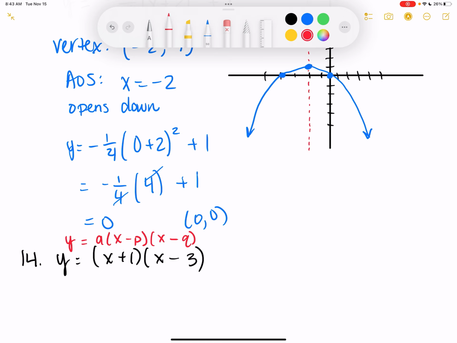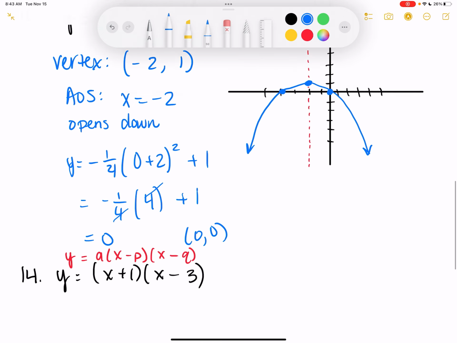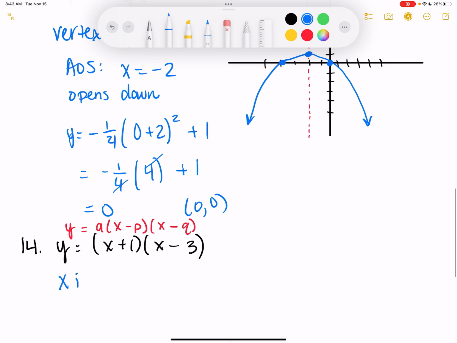So my x-intercepts are going to be at opposite sign, so -1 and +3. So when I graph it, it'll be when y is equal to 0, I graph those 2 points.